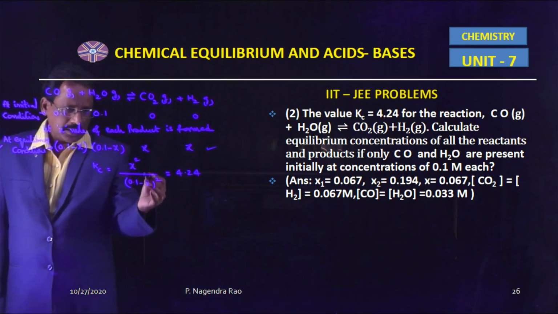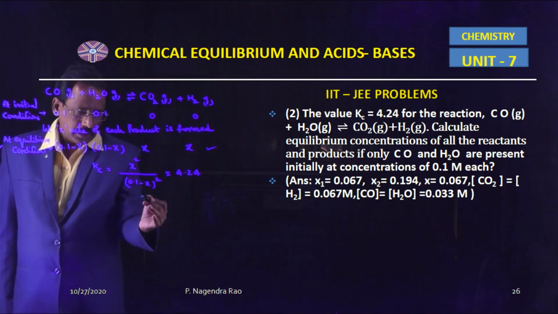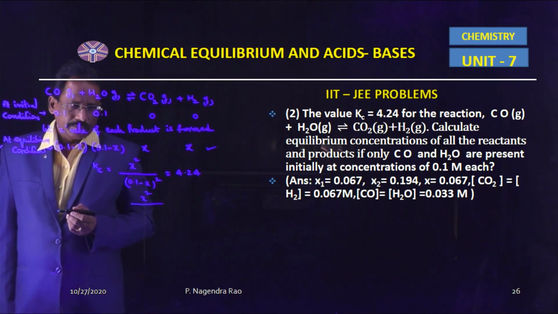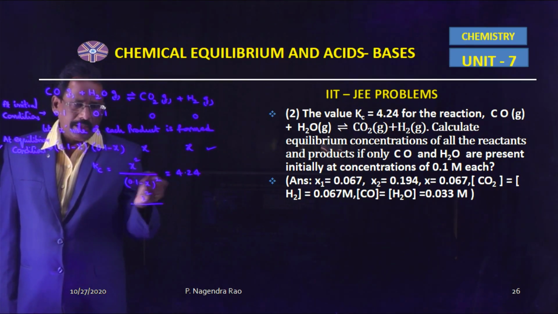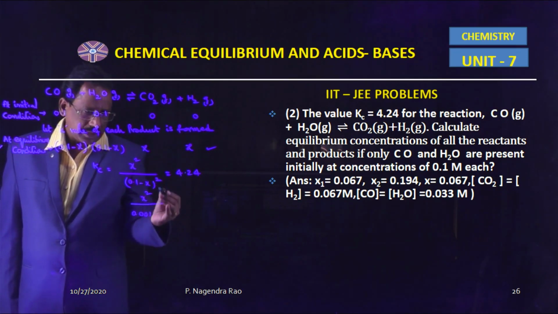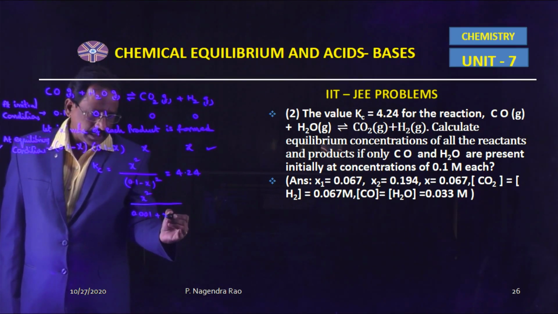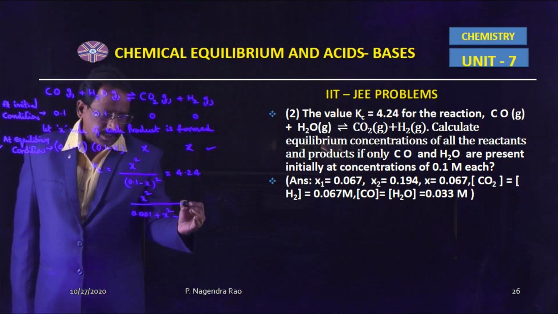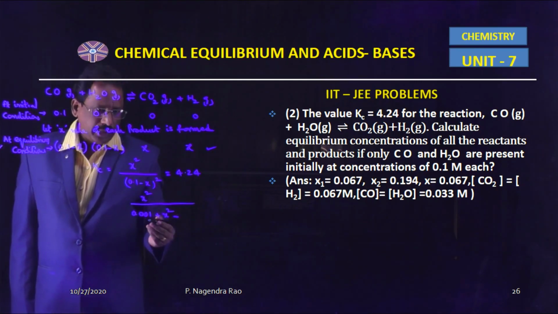Now this is equal to x square divided by (a minus b) whole square, that is a square plus b square plus x square minus 2ab.